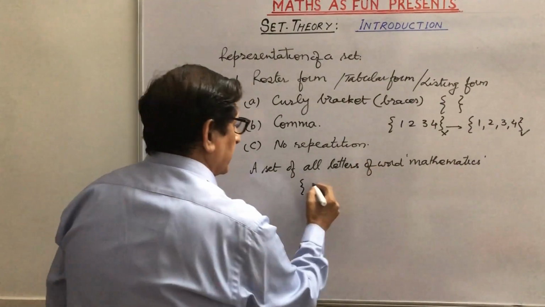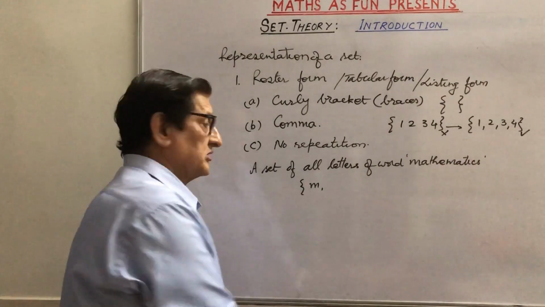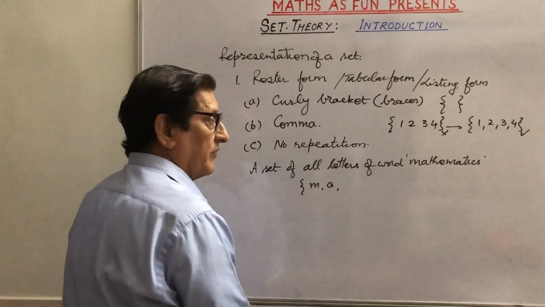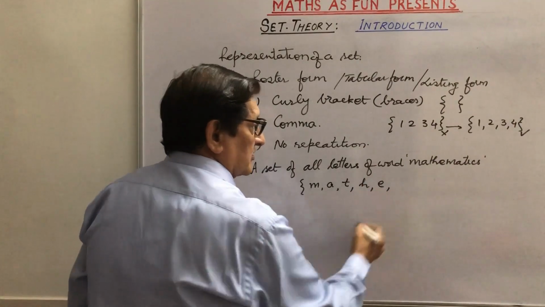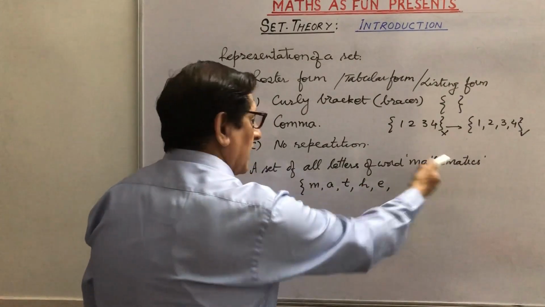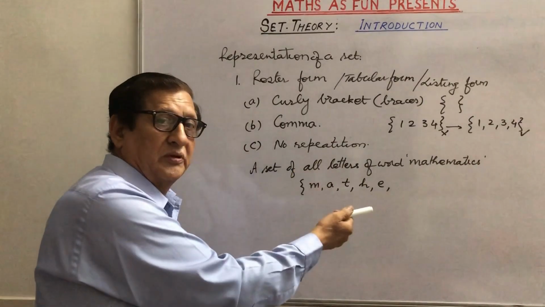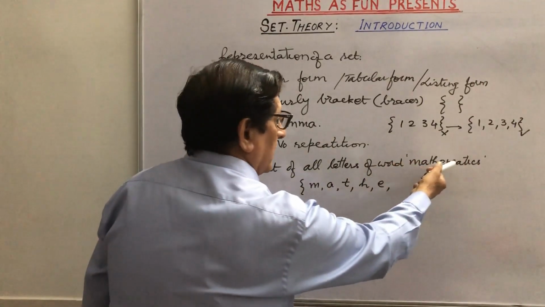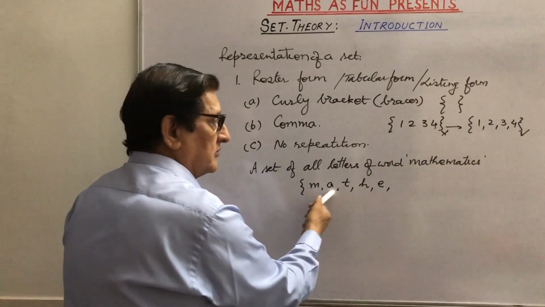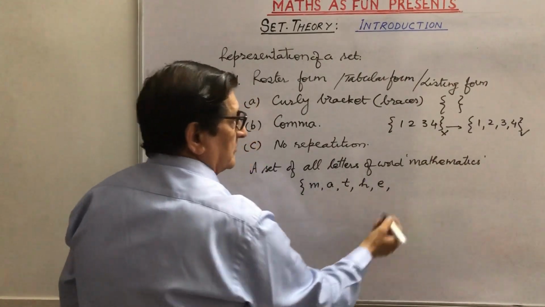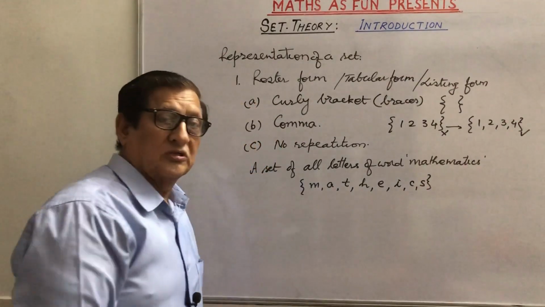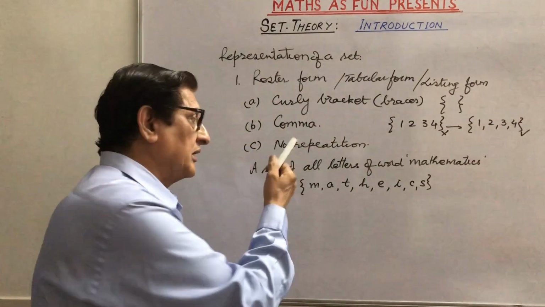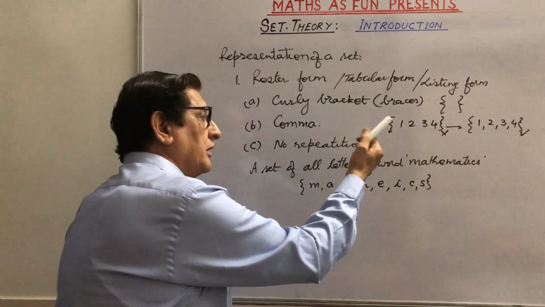The first element here is M, second is A, next is T, next is H, next is E. Now M has already come here, so this will not be written a second time. Then A has also already come. T also has come. Then I, C and S. So this is the way we have to see that the elements are not to be repeated.